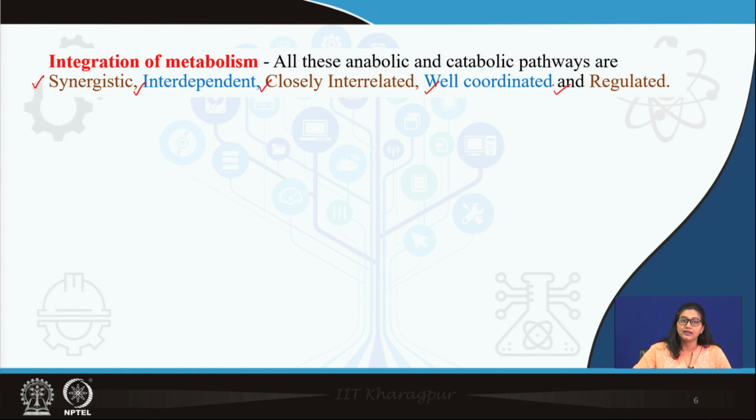So, that is integration of metabolism, that all these anabolic and catabolic pathways in a single cell are occurring synergistically with coordination to each other, and they are regulated by some common signals. So, that is interdependence. Now, why is this integration basically required?